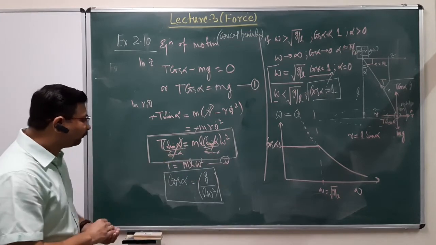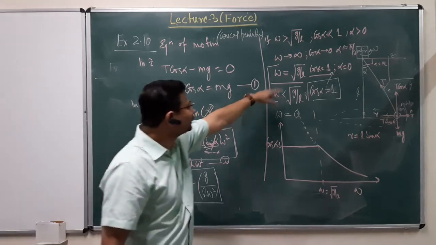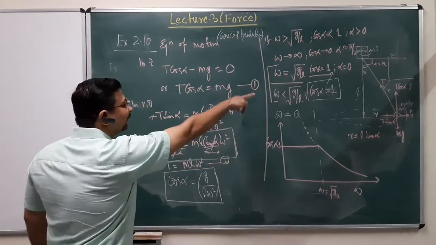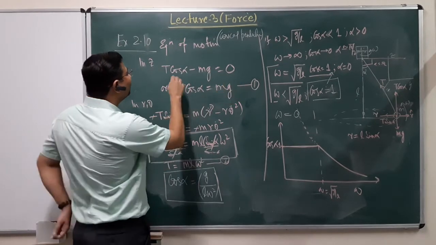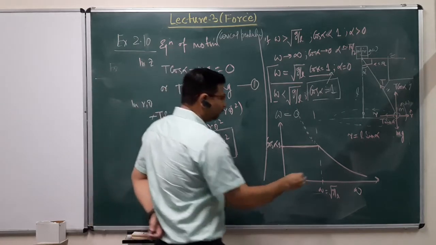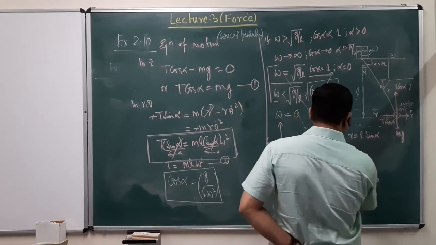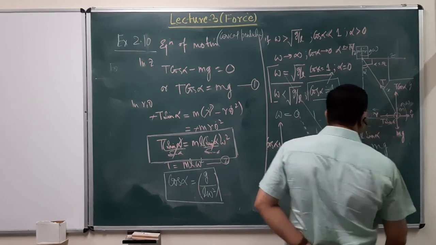And now to find out the solution, what happens in this particular case? So let us take a limiting case, cos alpha equal to 1, alpha equal to 0. If that is the case, then let me write down here, we know that the equation of motion will be simply equal to mg.